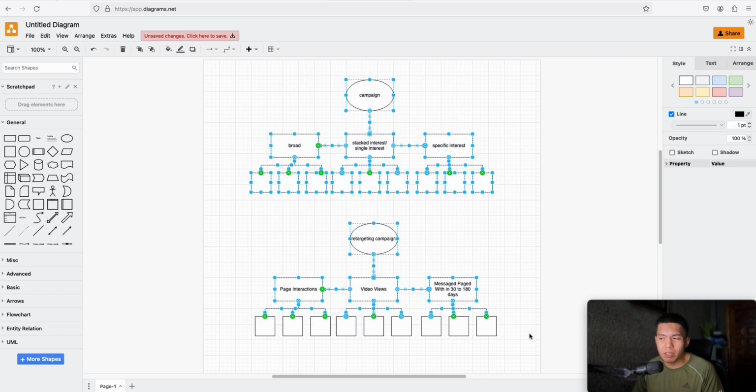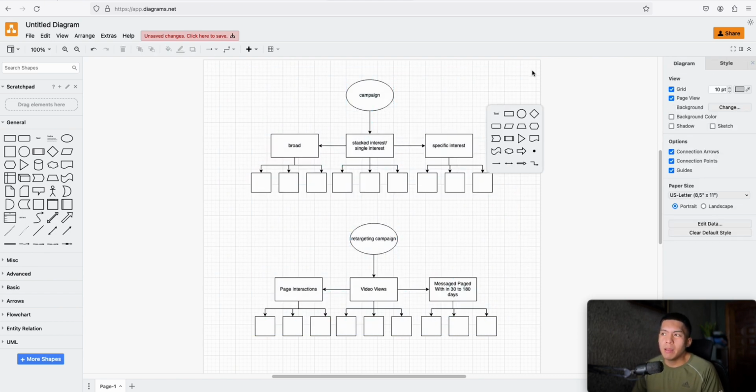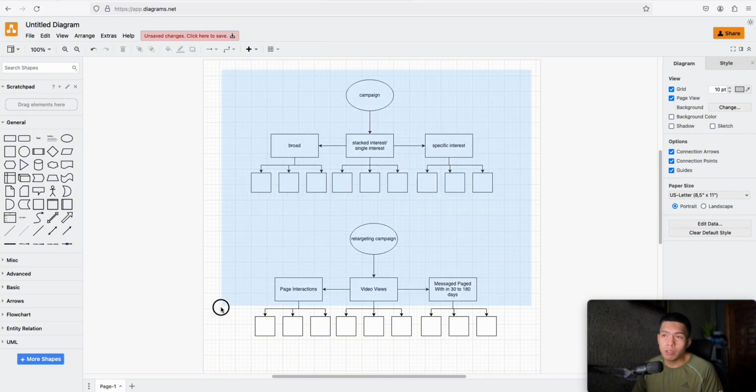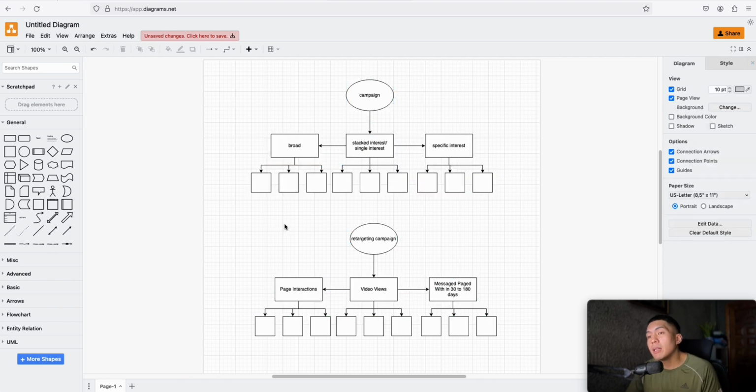It really depends on the product or service type of business, and you really need to have data in order for you to know which are the winners and which type of strategy would work best for your business. So that's my job. Basically, I test multiple ad strategies and see which works for the business owner.